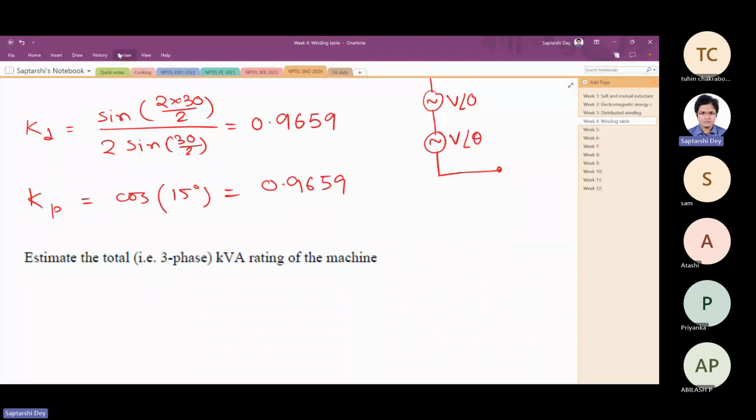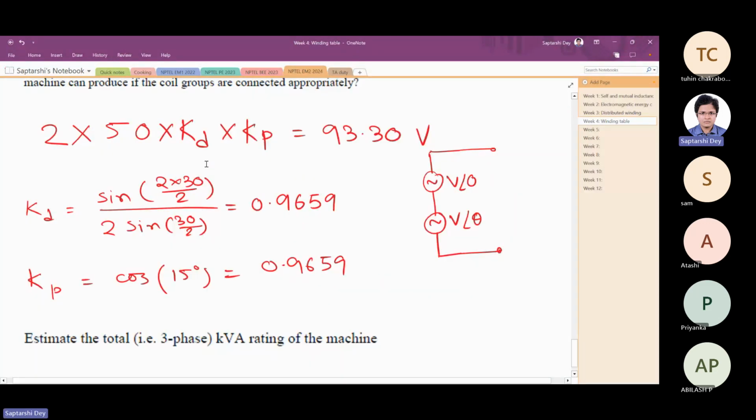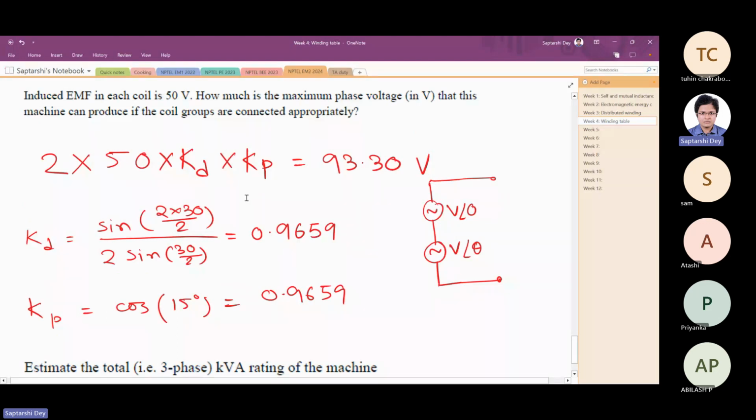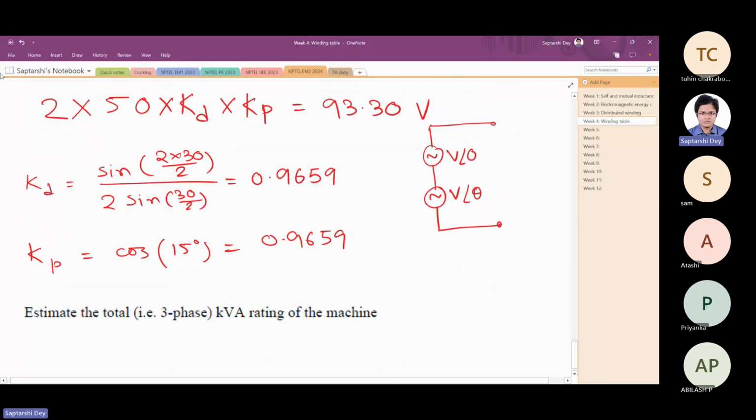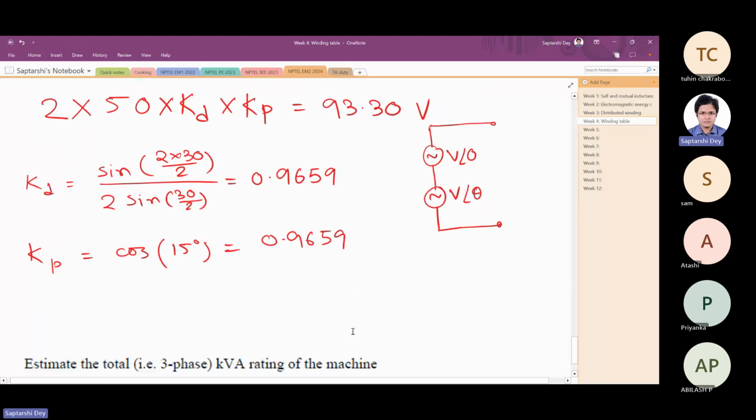And if you want to have maximum voltage, you have to connect the sources in series. So 6 groups per phase, 6 such voltage sources come in series. So the maximum that you can have is what we calculated times 6. So 93.3 times 6. This much.